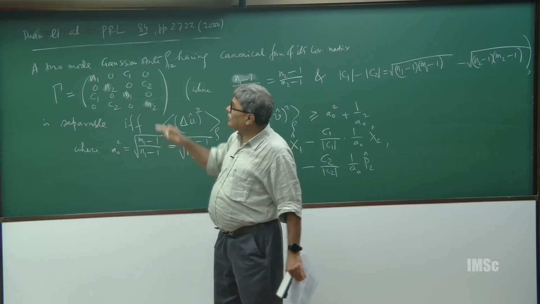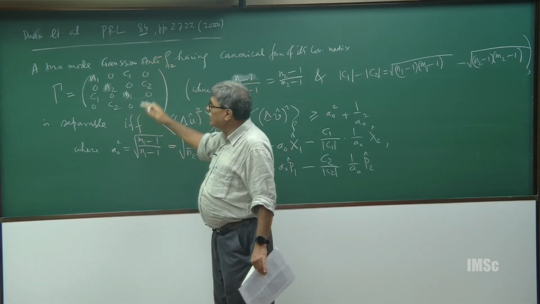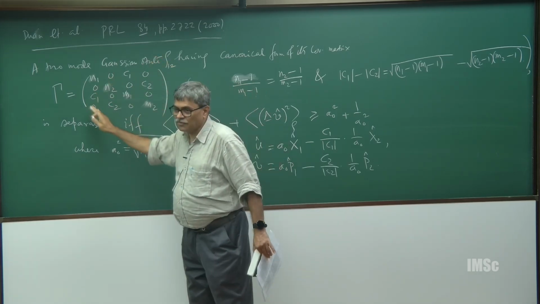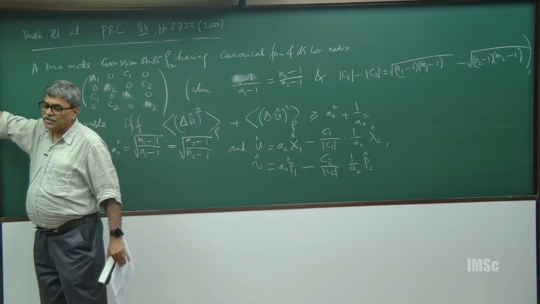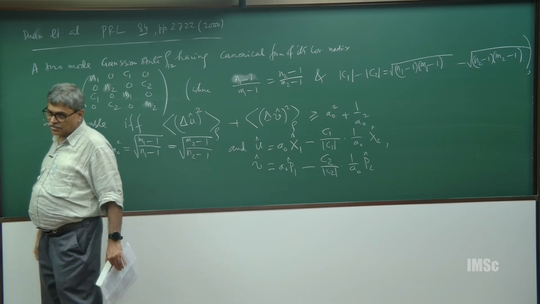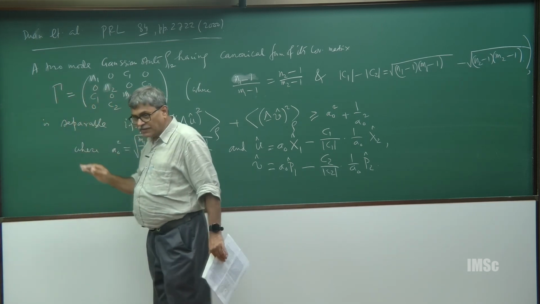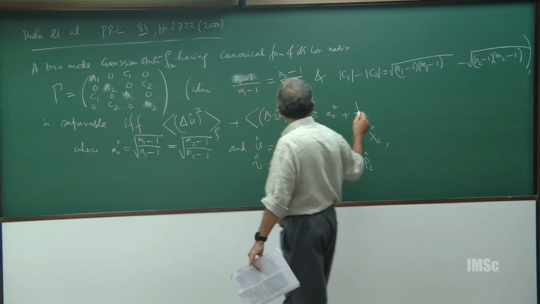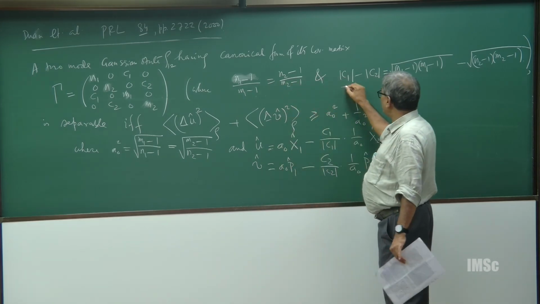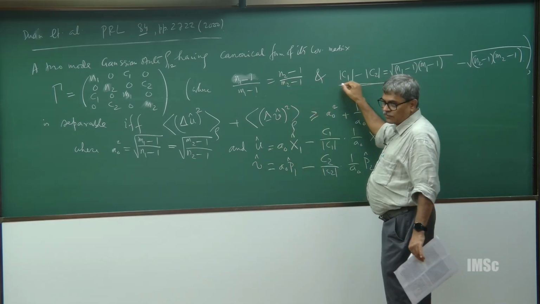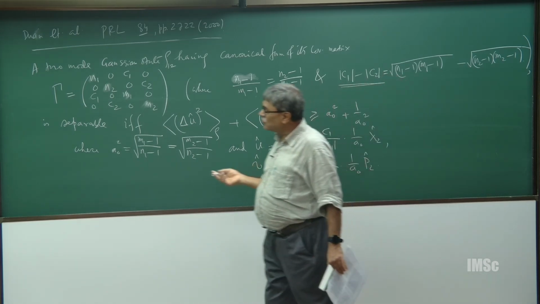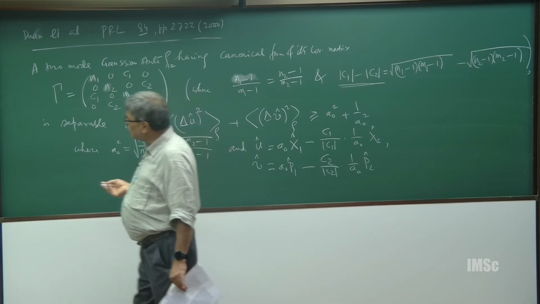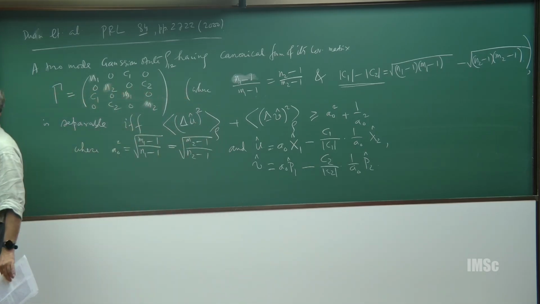What I said is that the proof of this theorem is valid for this canonical form. If you start with this canonical form, this proof may not work in general. And why is it so? Because in that case this will become 0, so mod C1 is equal to mod C2. Now for a generic two-mode Gaussian state, I cannot claim that mod C1 should be equal to mod C2.